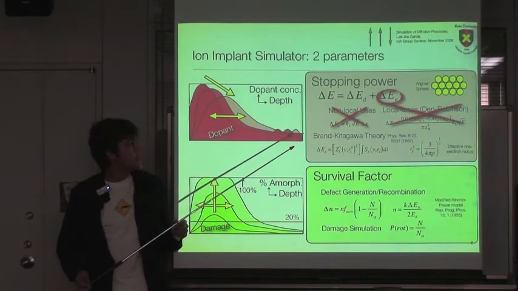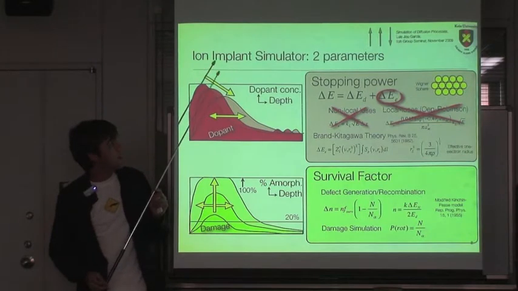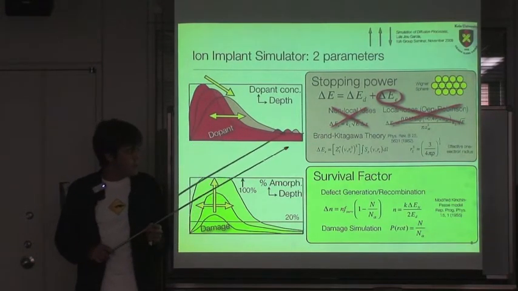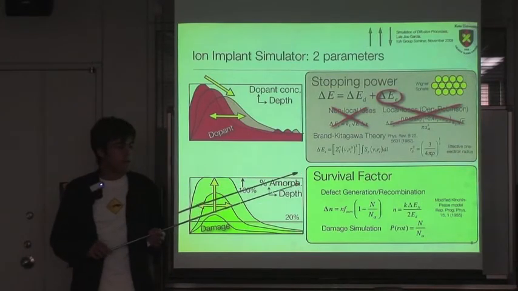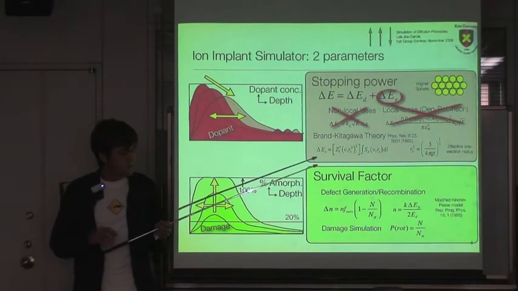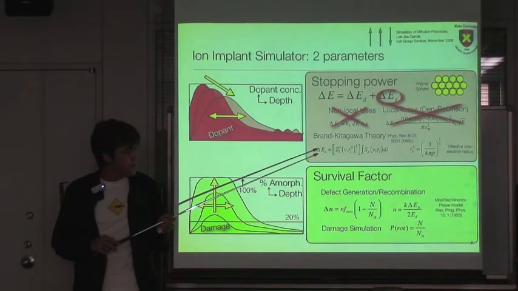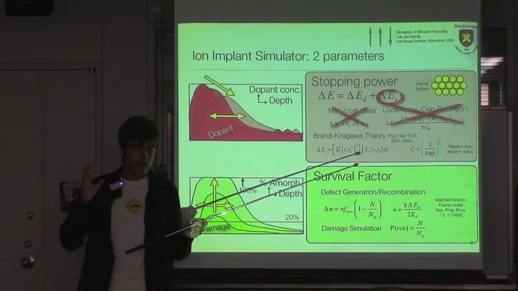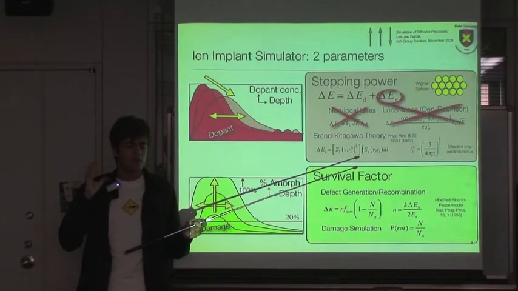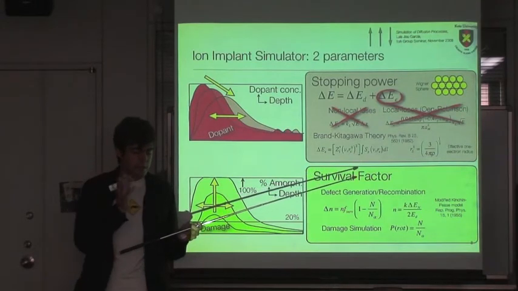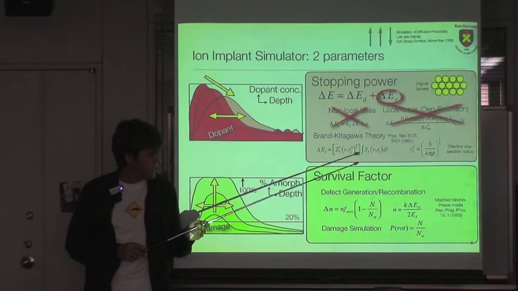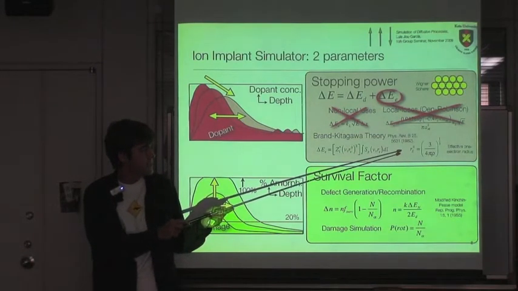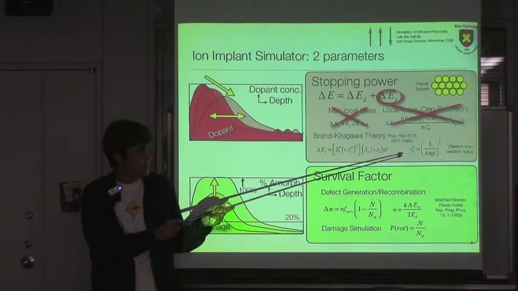But in IIS, Ion Implant Simulator, the Brandt-Kitagawa theory is used, that is more molecular dynamics from the point of view that the losses of energy depend on all the way that the projectile atom passes inside the silicon, and it uses just one parameter, rs, that is the radius of the Wigner sphere.